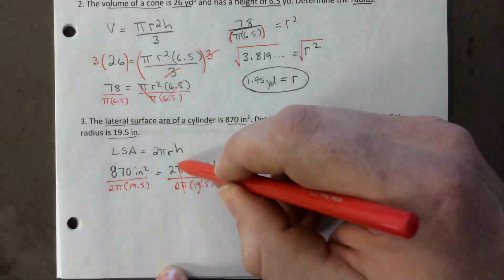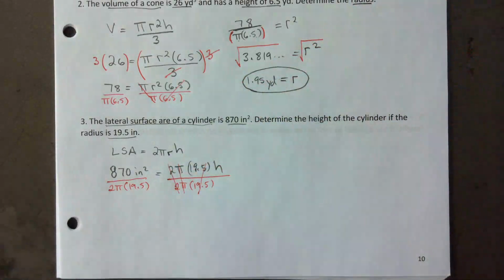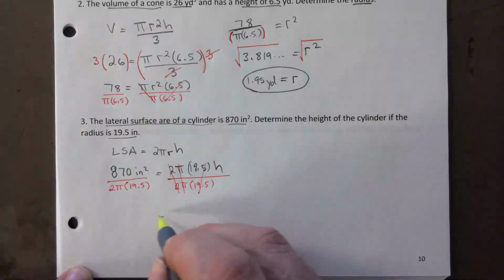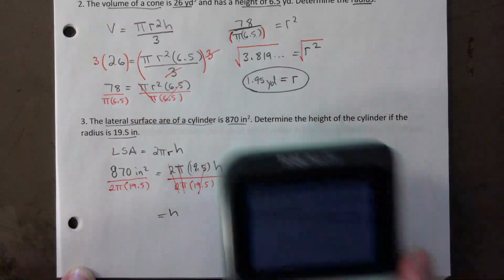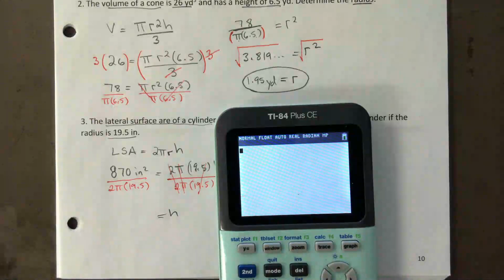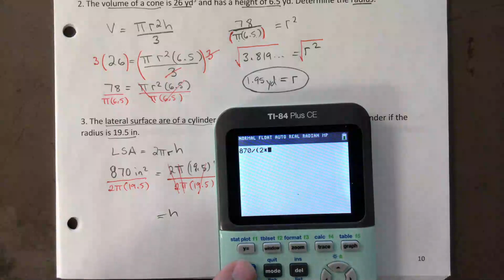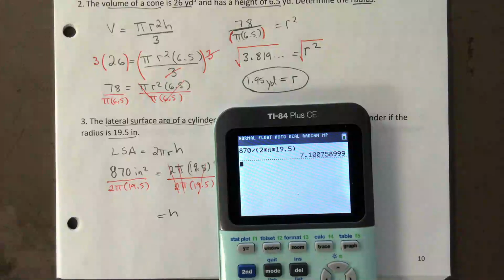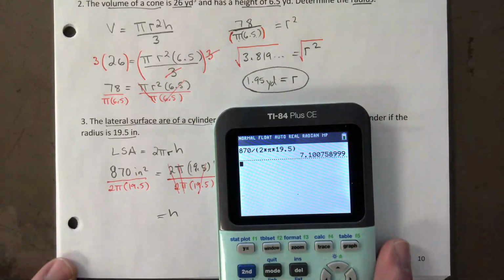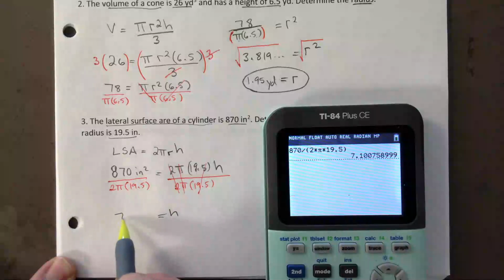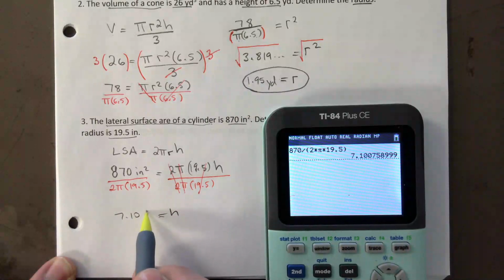So cancel, cancel, cancel. You're essentially turning that into 1. And I guess just be careful how you enter this. So 870 divided by brackets 2 times pi times 19.5. And that's 7.10. And we are in inches here.